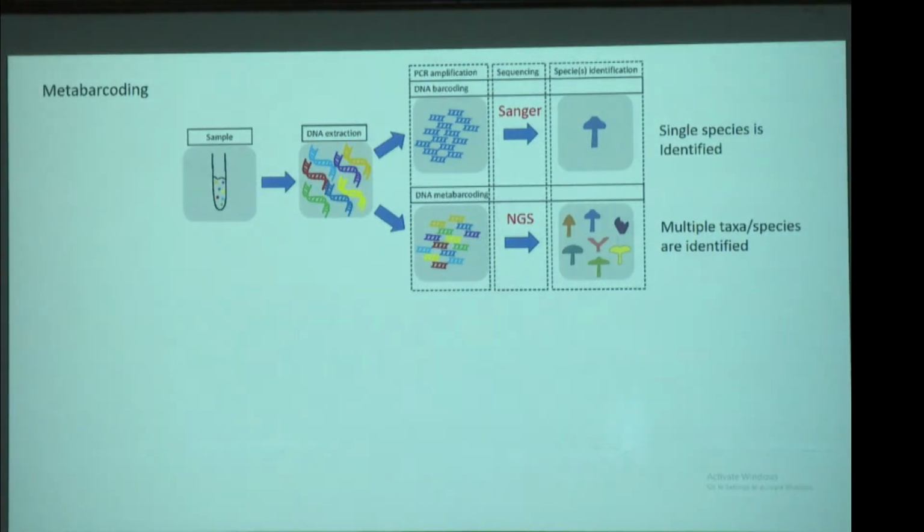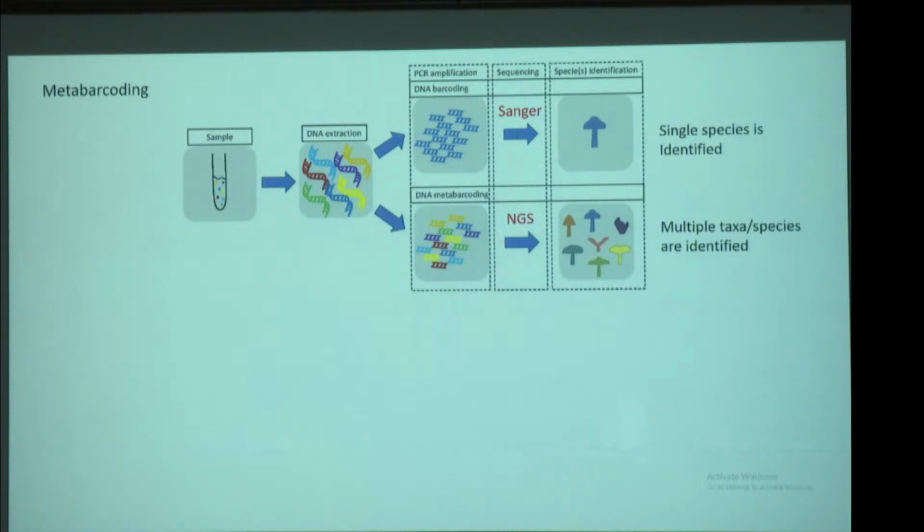Here we are using next generation sequencing. The technology currently used for metabarcoding and metagenomics is Illumina sequencing. After receiving the results and doing sequence analysis, the multiple taxa or species present in that particular sample are identified.